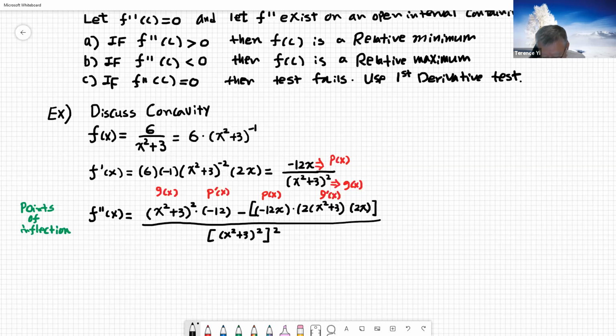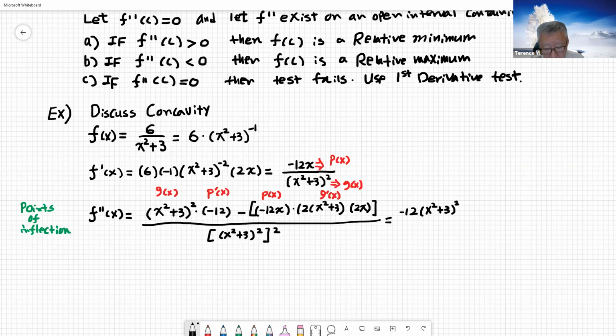So let's try this. On the top, let's simplify a little bit. I have a minus 12 (x squared plus 3) squared. I kind of wrote the minus 12, right? And then let's take a look at this one over here.